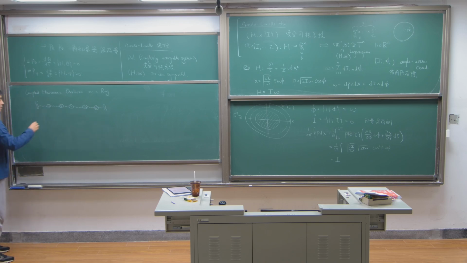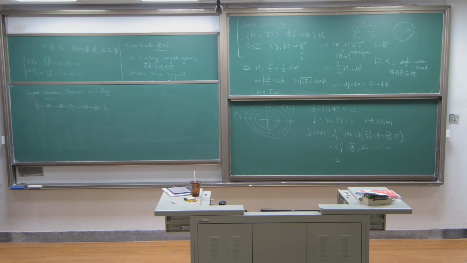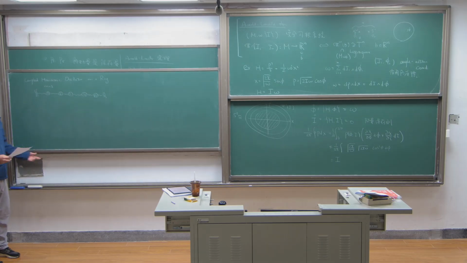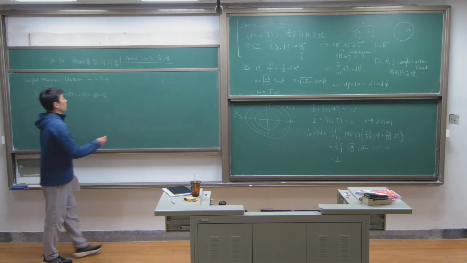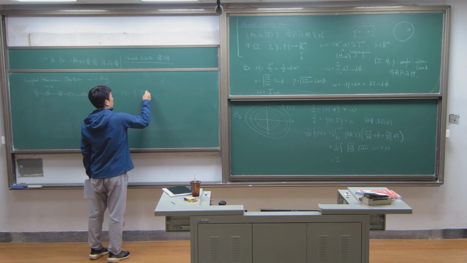Which means that you just have a circle, with particles on the circle, and let's set m equal to 1. Each mass is 1. So we consider such a system. And then how do you write the Hamiltonian? The Hamiltonian can be written as 1/2 sum of p_i squared.